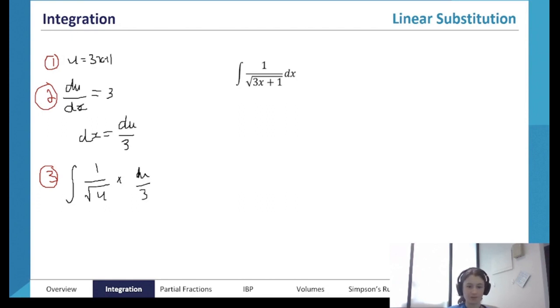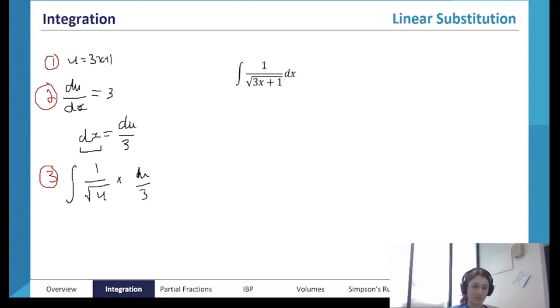As you can see, by doing this linear substitution and subbing dx in terms of du, we now have something that we can integrate. The purpose of doing this stuff with du dx is so that we had something in terms of du that we could put back in place of dx, allowing us to actually integrate.